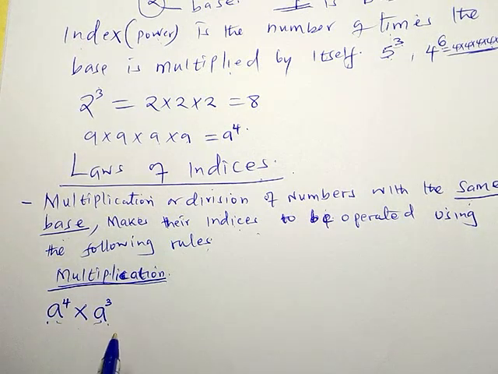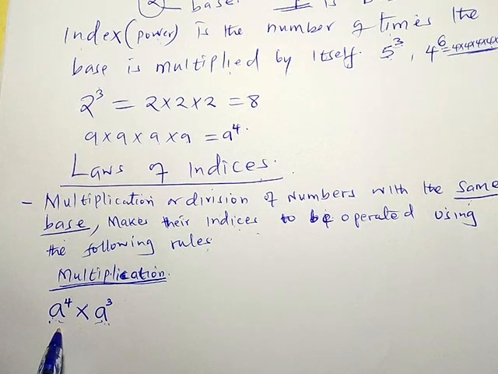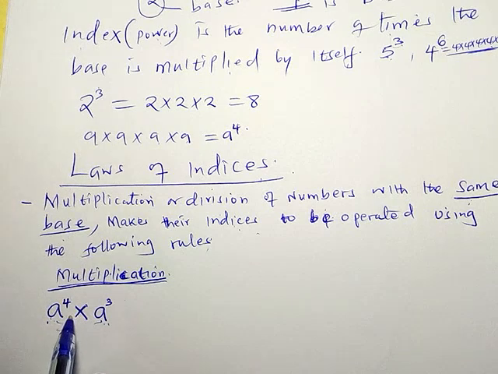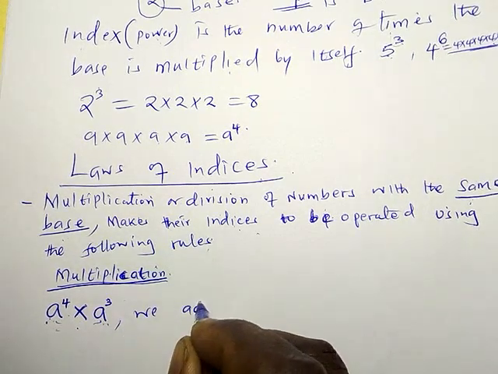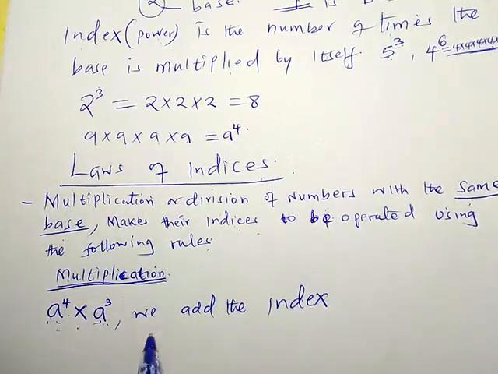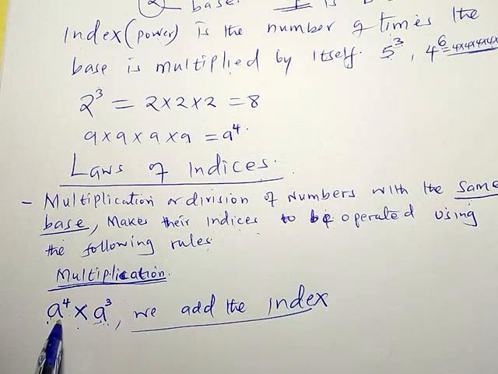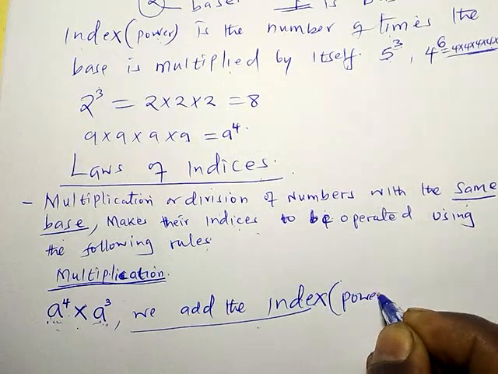Now you know what is the base and what is the power, the index. Because the bases are the same and we are multiplying these two numbers, we add the index. That is the rule. If the bases are the same, we add the powers.